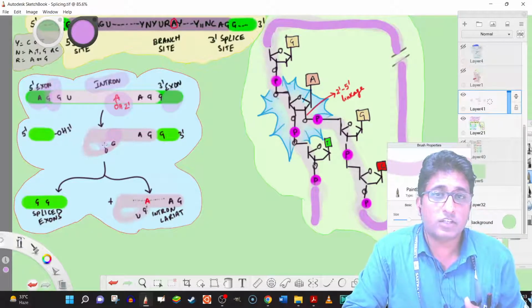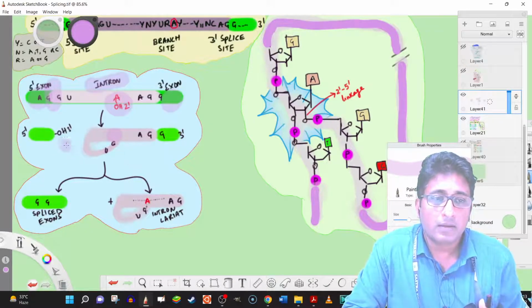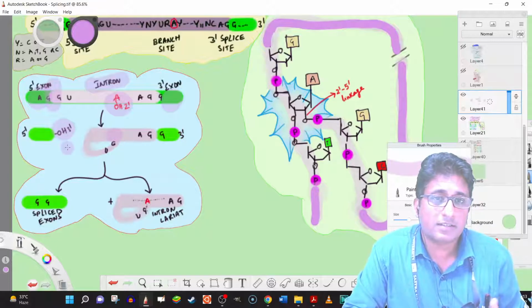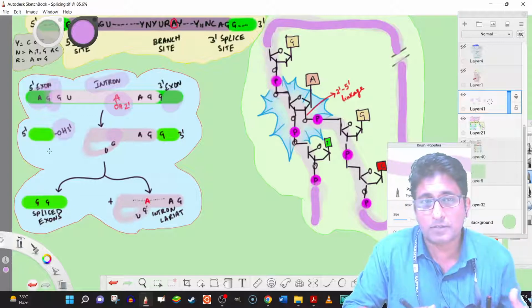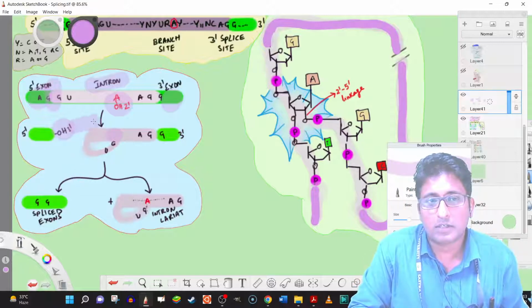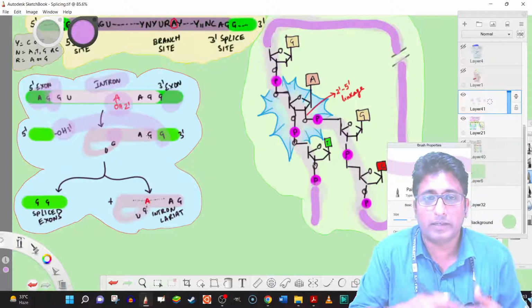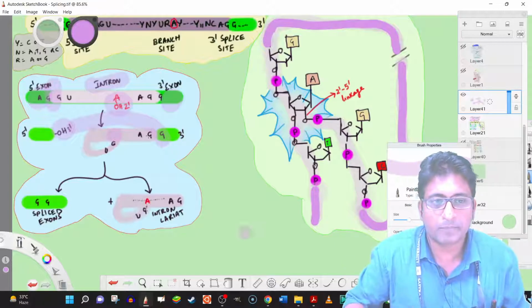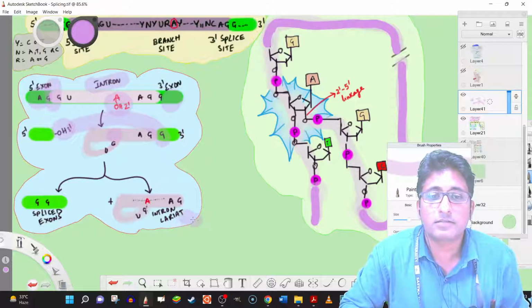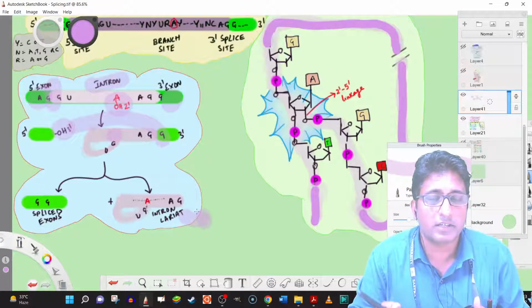And then there is a formation of a lariat. And there is a second transesterification reaction where the 3' OH of the upstream exon would bind here, making a complete exon-exon junction, that is 2 exons together. And then the intron lariat is removed, which will then be degraded.